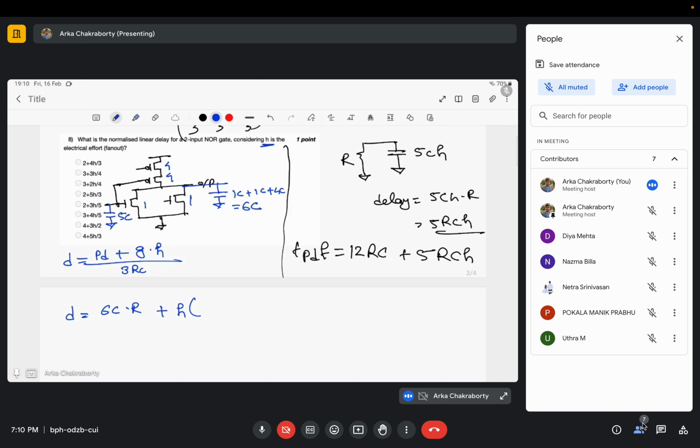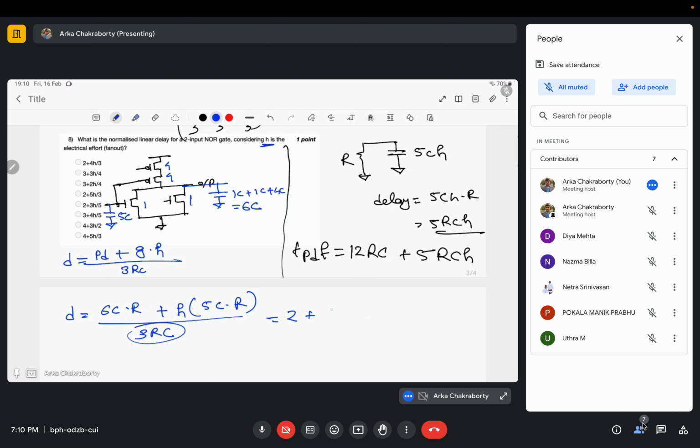Okay, so what would it be? It would be how much input capacitance you are getting. You are getting 1C plus 4C, 5C into R, divided by 3RC. 3RC is the delay of a unit inverter. So you will be getting 5RC by 3RC, and RC will cancel.